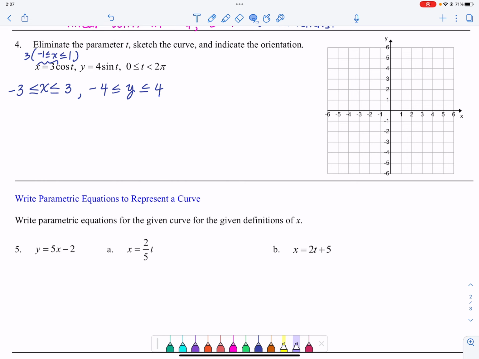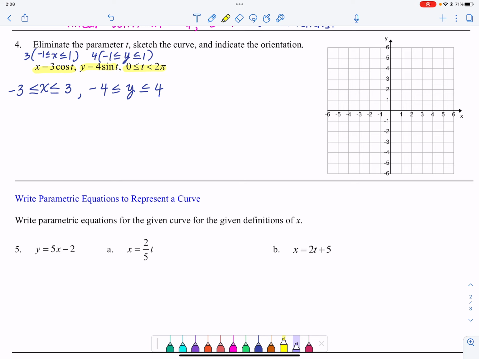And this time we'll have 4 times -1 and 1, and that's our restriction on y, on the range. Okay, we do have that t is between 0 and 2 pi, so we will only graph from t equal to 0 to t equal to 2 pi.